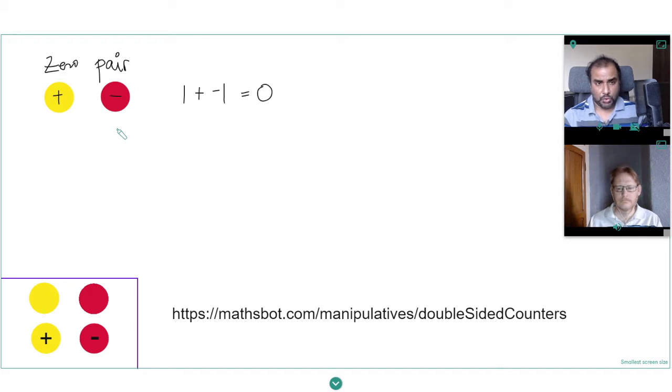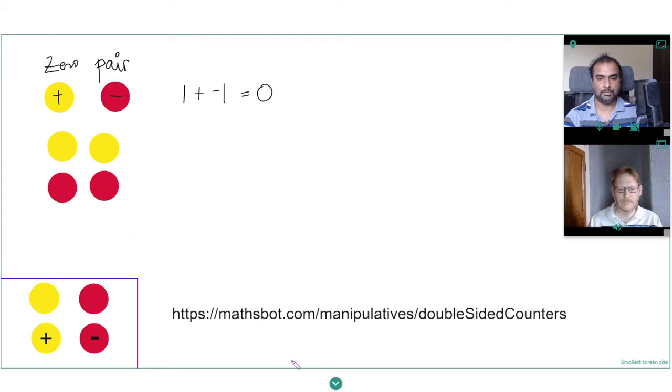you can have 2 yellows and 2 reds. So you could drag those to the middle as well, Paul, and we can combine 2 zero pairs. Okay, so two positives and two negatives.